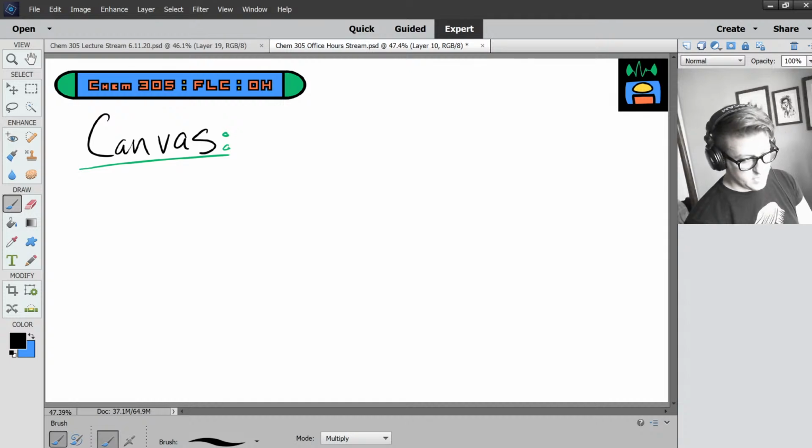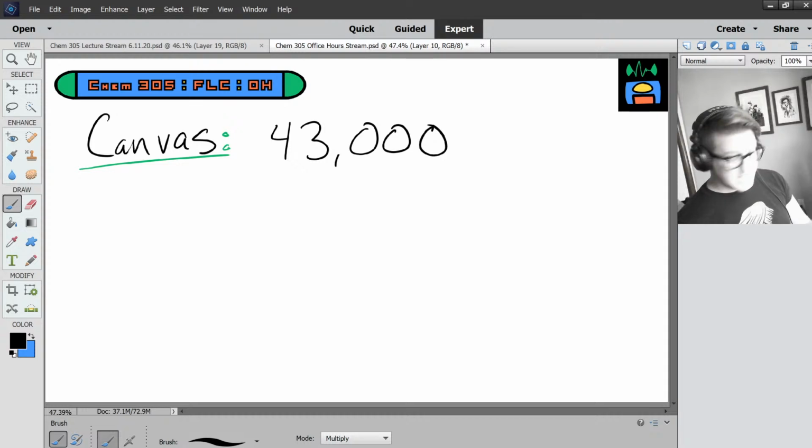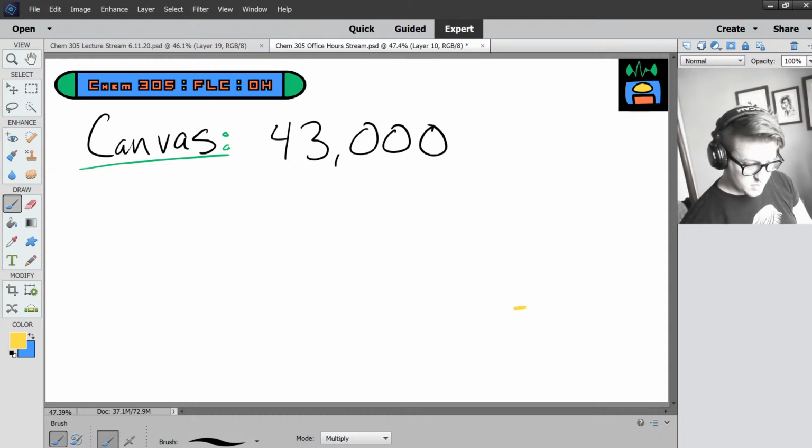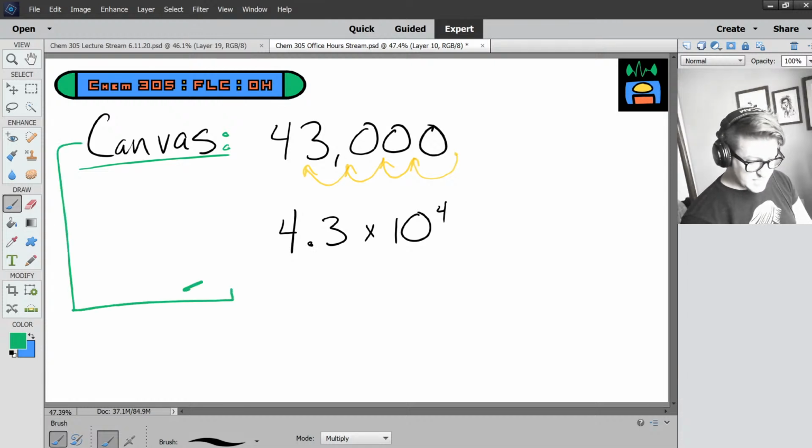For example, let's say we've got 43,000, right? Well, we could write this in scientific notation. The decimal is right here, bouncing 1, 2, 3, 4 spaces over. So in scientific notation, this would be 4.3 times 10 to the 4th, right? Well, you could enter this in Canvas using the following notation.